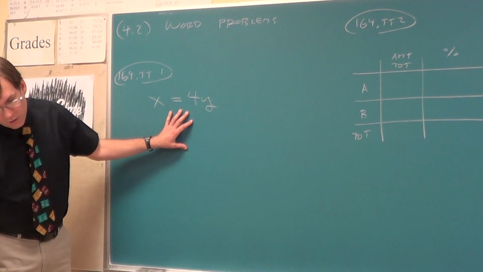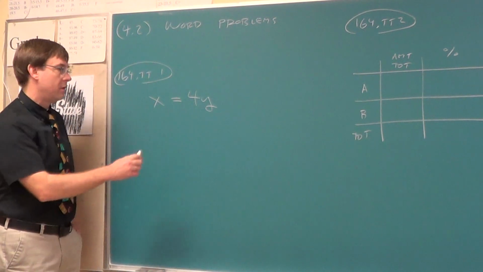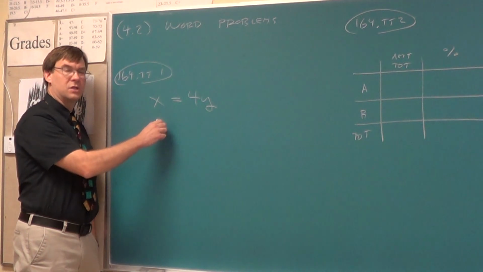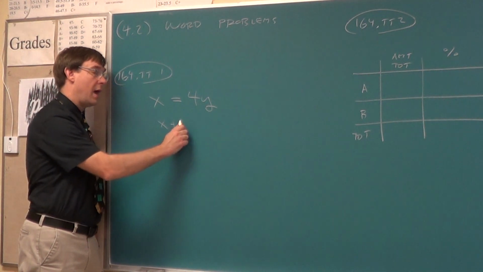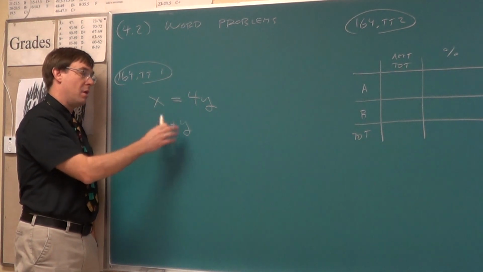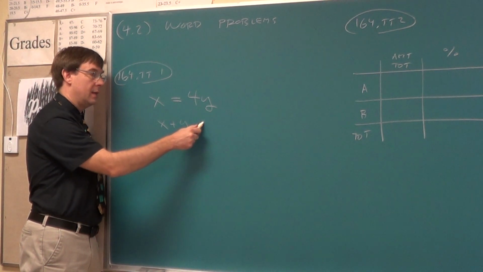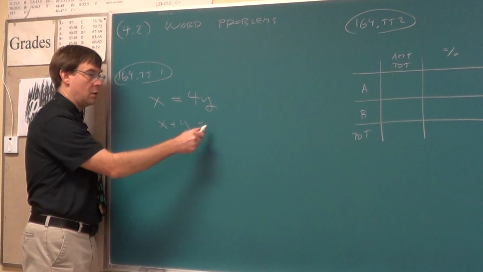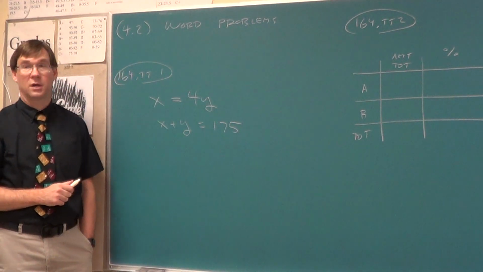They say their sum is 175. What do you want to do about their sum? X plus y. Not the 4y, but the sum of the original basic numbers. X plus y, x and y are our basic numbers. Their sum is equal to 175. Any question about that?